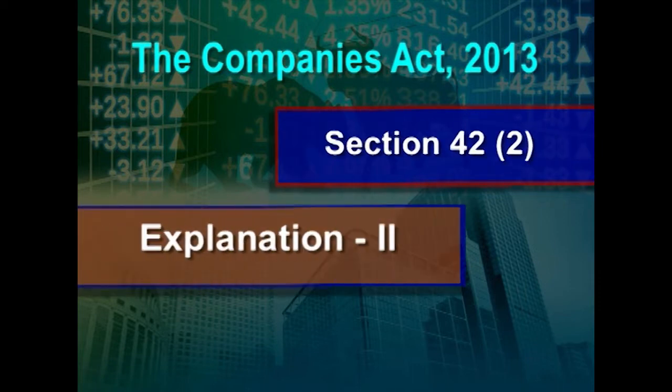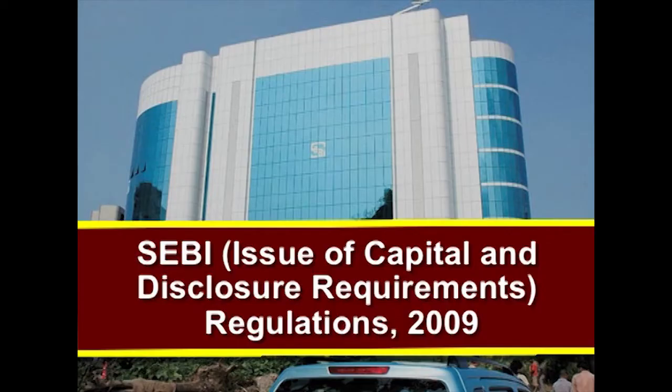Explanation 2 states that for the purposes of this subsection, the expressions used in it will have the following meaning. A qualified institutional buyer means one as defined in SEBI Issue of Capital and Disclosure Requirements Regulations 2009, as amended from time to time.